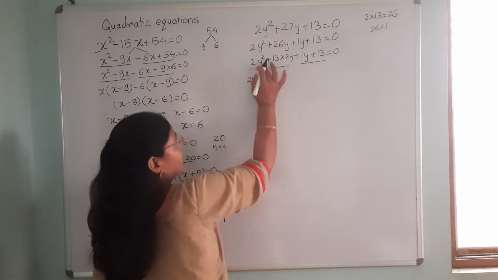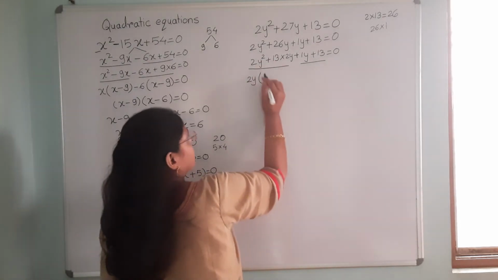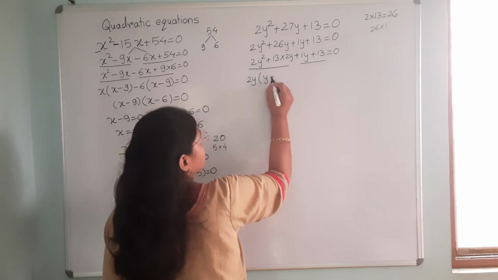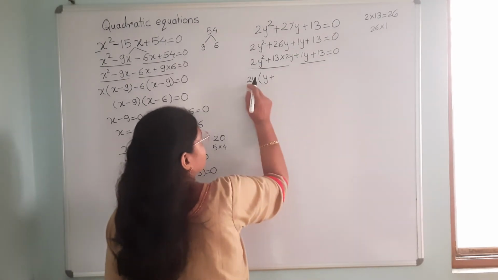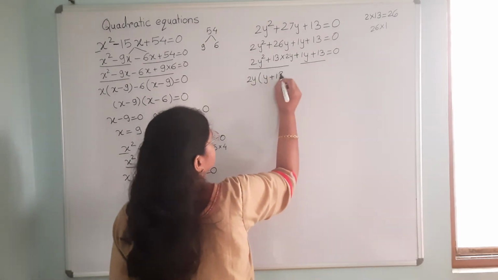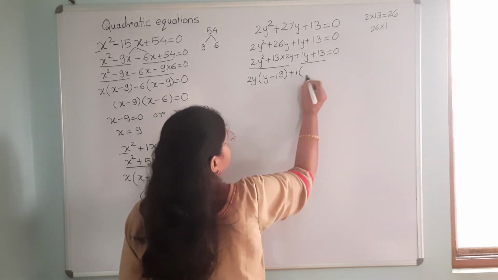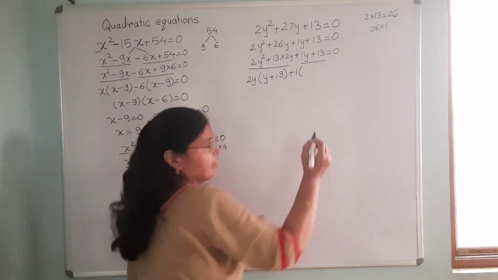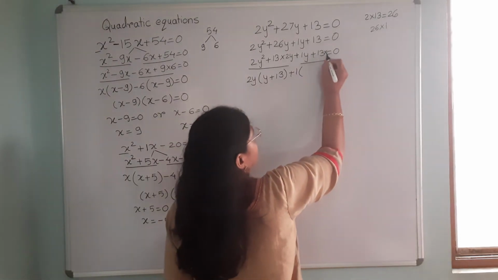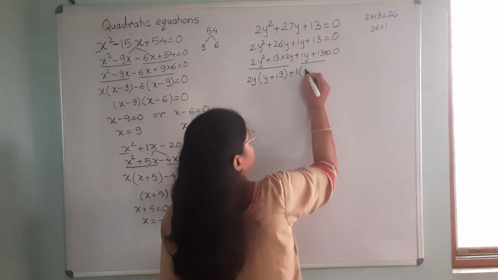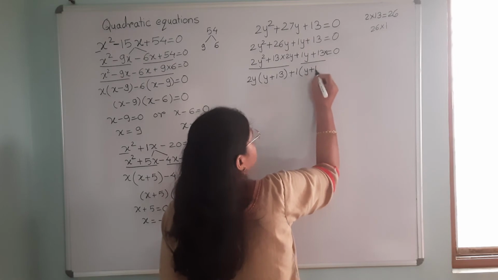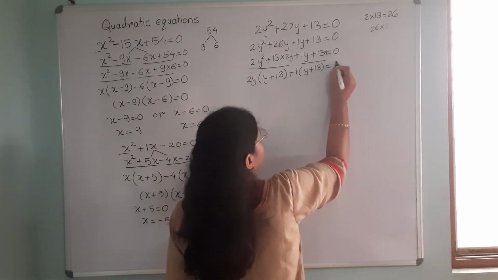As 2y is taken common, only y remains here. Plus 2y is taken common, so 13 remains. In this only 1 is common because 13 can be written as 13 into 1. So 1 is taken common, y plus 13 equal to 0.